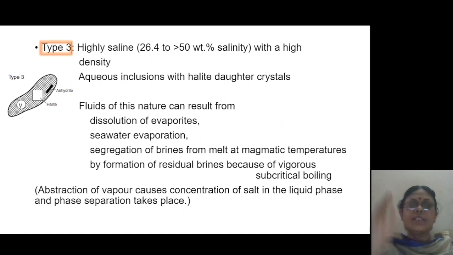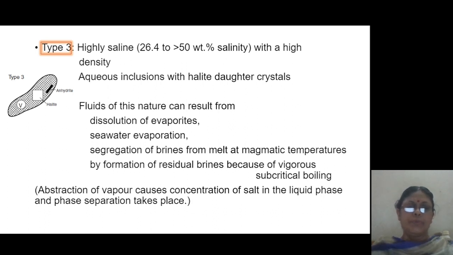So fluids of this nature can result from dissolution of evaporites, seawater evaporation, segregation of brines from melt at magmatic temperatures, or formation of residual brines because of vigorous subcritical boiling.